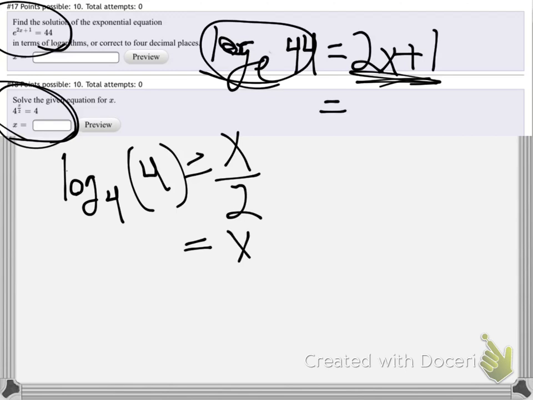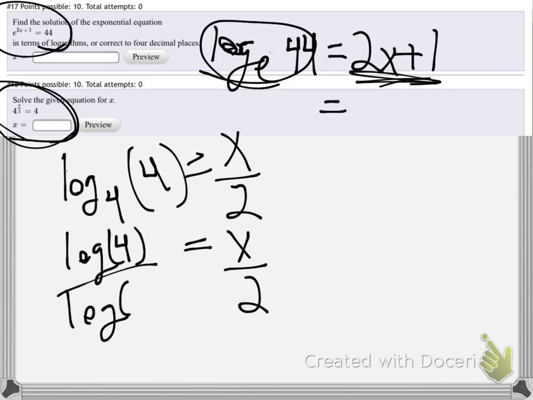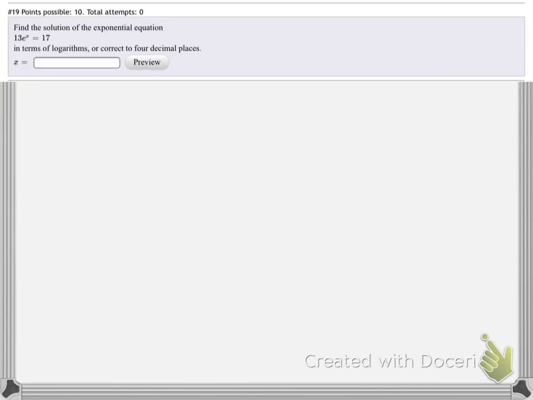But it becomes more obvious when you put it into change of base formula, because then it's just common log 4 over common log 4. They're both the same thing. And so something divided by itself is 1, cancels out. Now we just got 1 equals x over 2, and we solve that. Probably get a 2 for x if we times it out to both sides.